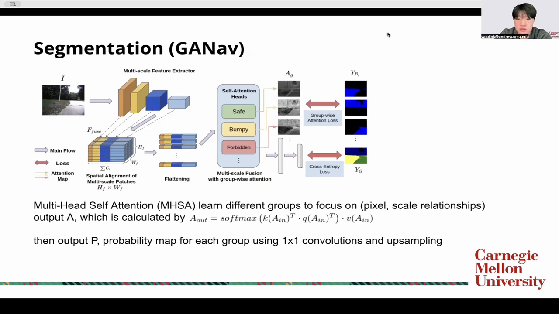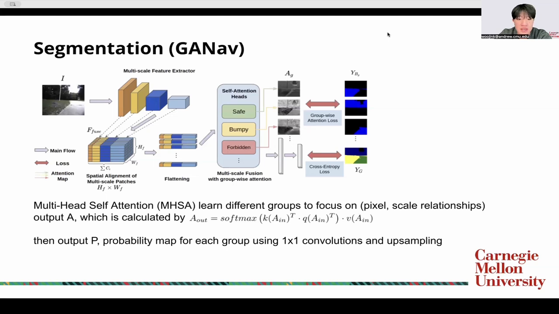This learns different groups, like the safe, bumpy, and forbidden groups, and it decides which area each group needs to focus on in the image. It does this by learning the pixel and scale relationships.